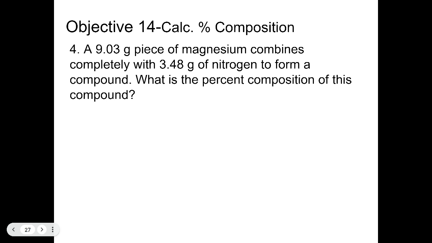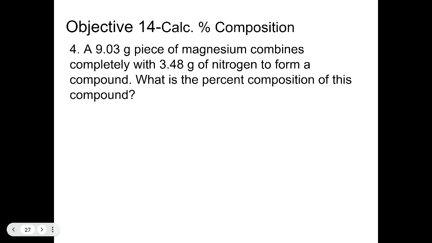So now that we found the total mass, we're going to take magnesium's mass over the mass of the entire compound itself. So 12.51 grams. Also multiply by 100 because we want this to be a percentage. And this should give us our percent comp.